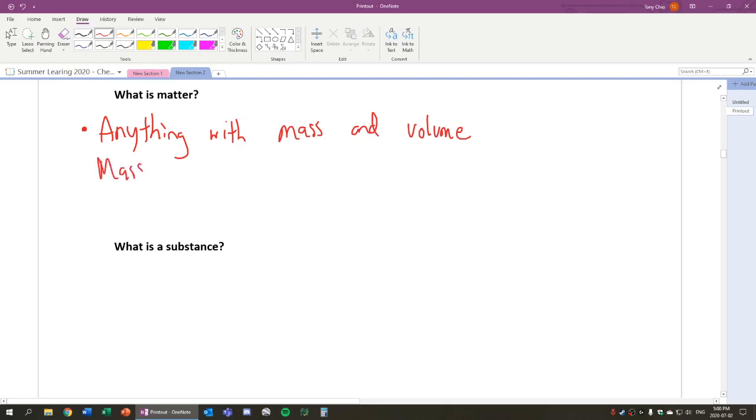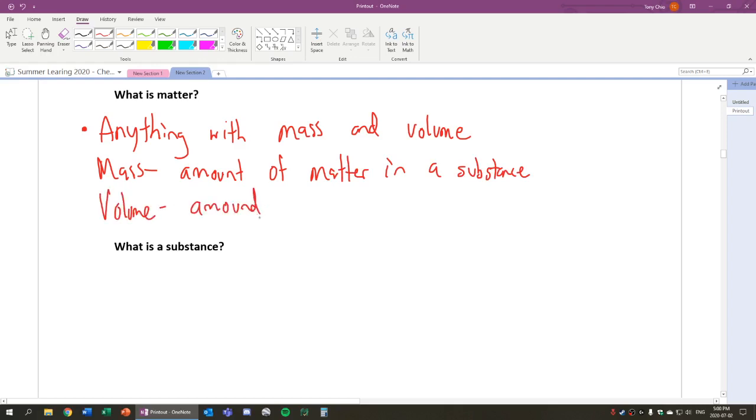Mass is the amount of matter in a substance, while volume is the amount of space a substance takes up.